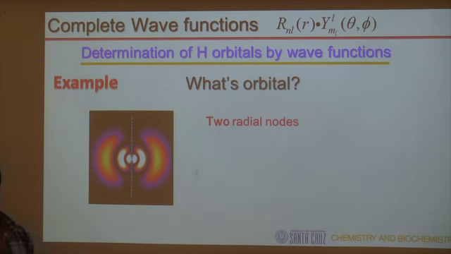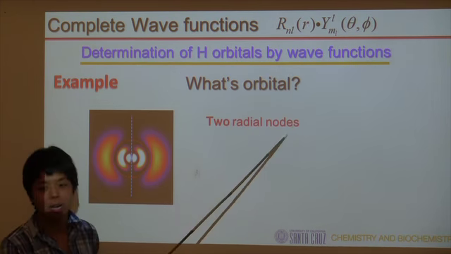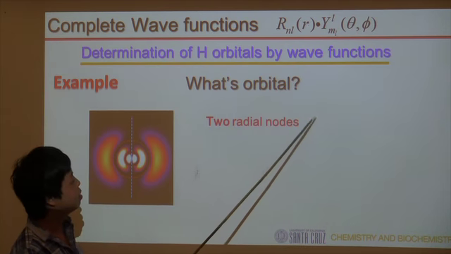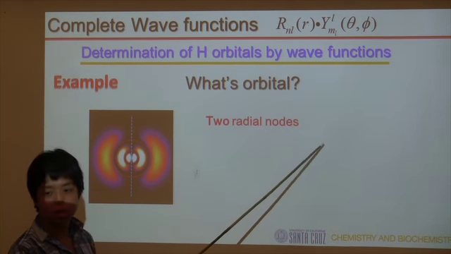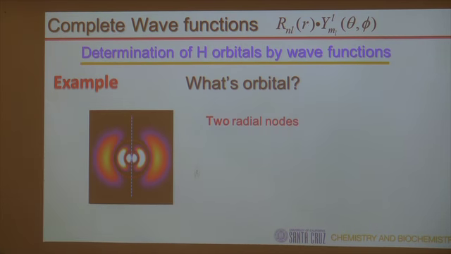What's the number of radial nodes? So the two radial nodes here, what can we extract from this one? We can get an expression: n minus L minus 1 equals 2.